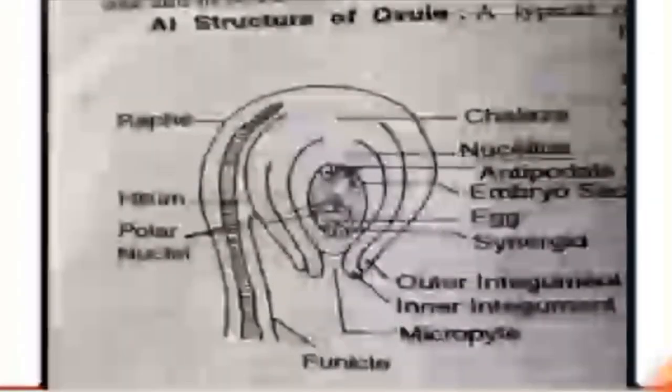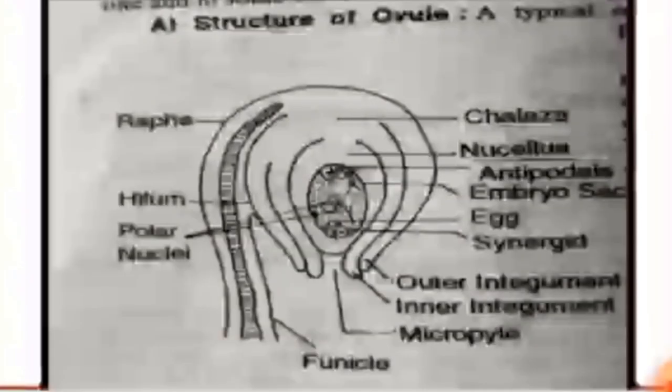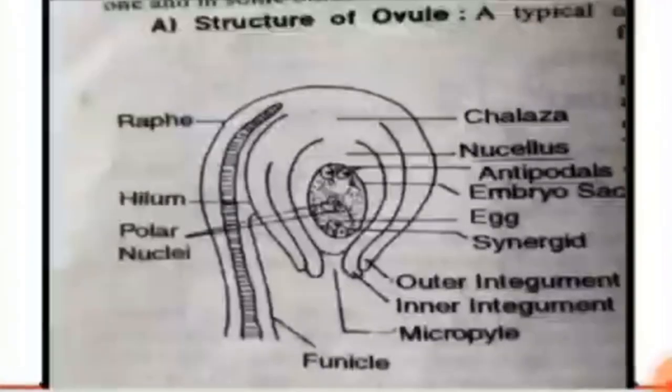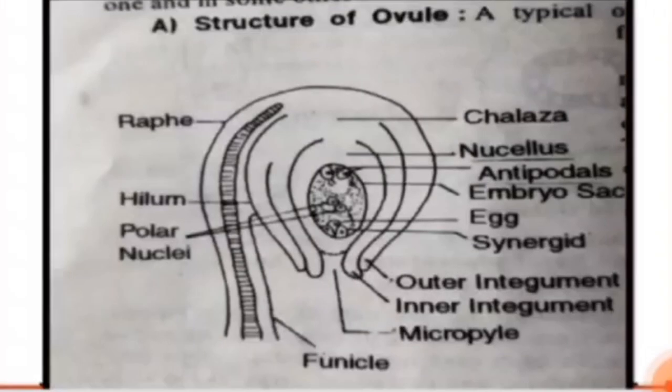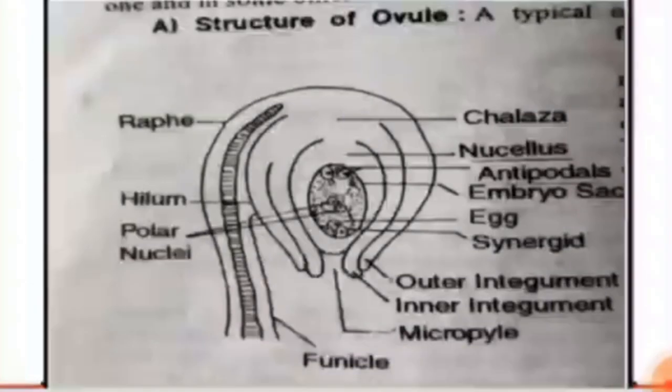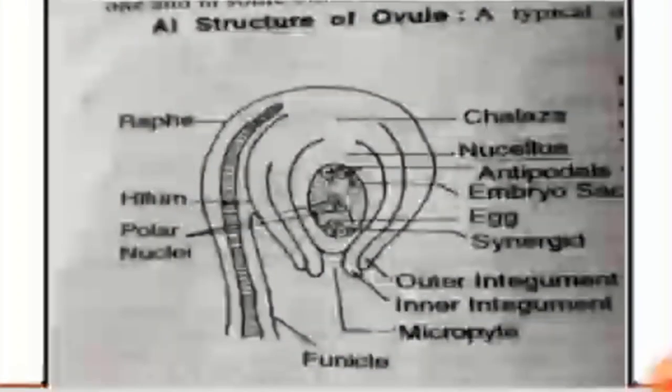The mature embryo sac or female gametophyte in the majority of angiospermic plants is an 8-nucleate and 7-celled structure. This is a key characteristic of angiospermic ovules.